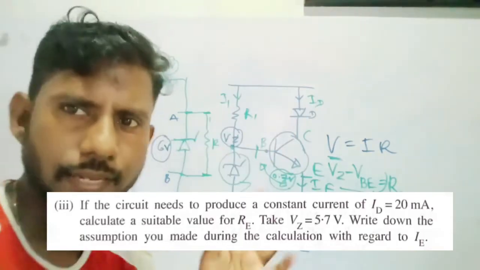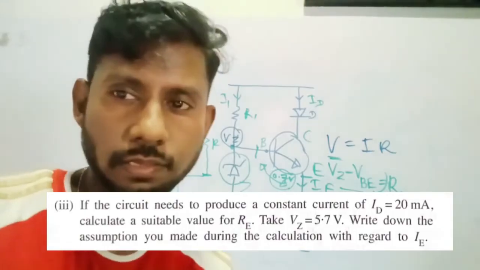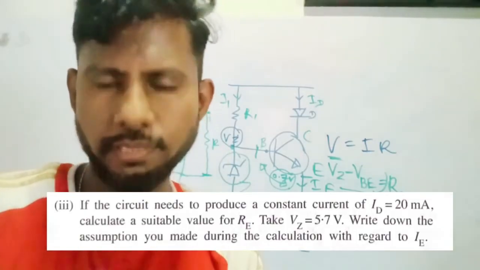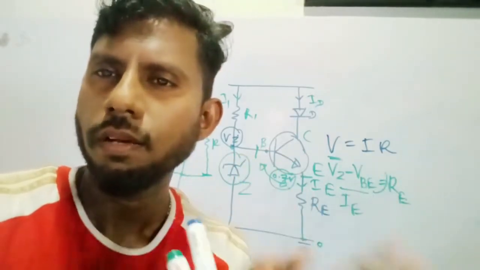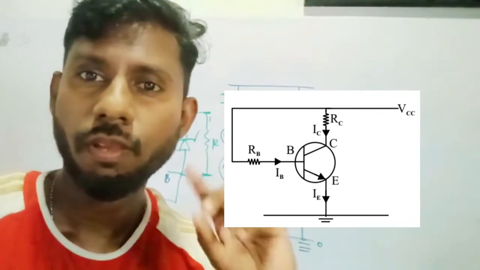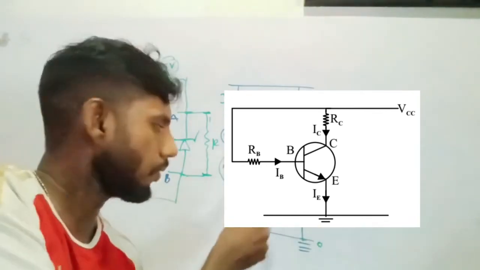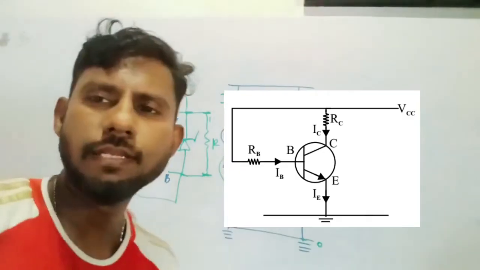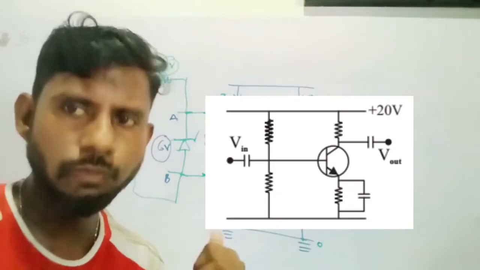Students, this circuit diagram is the voltage divider method. When biasing a transistor, there are two methods to bias it. You should know these things. First one, the base resistor method. There is only one resistor, we don't have anything like this here. And the other one is the voltage divider method that is being used here.